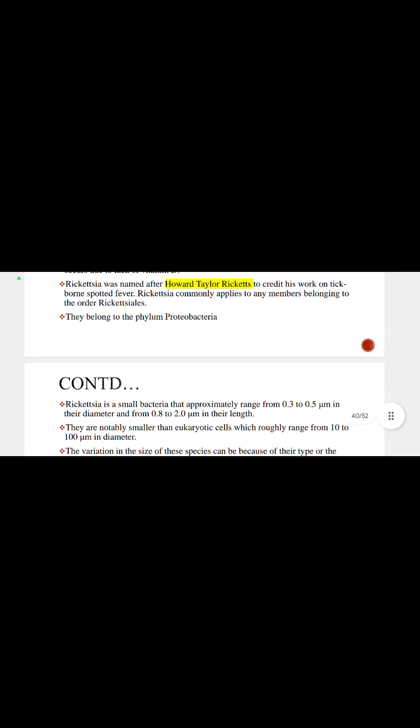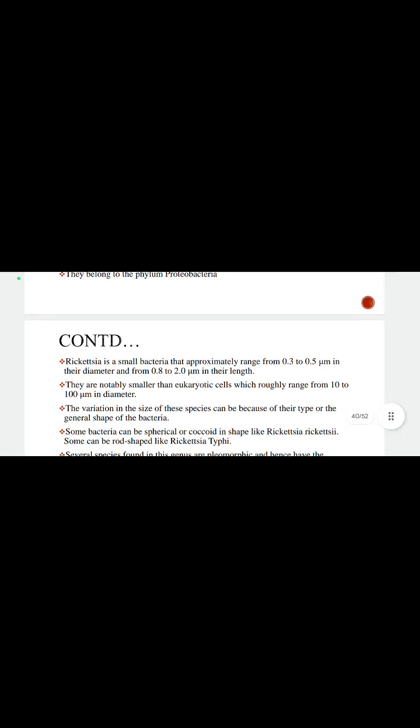Then, Rickettsia is a small bacteria that ranges approximately from 0.3 to 0.5 micrometer in diameter and from 0.8 to 2 micrometer in length. They are notably smaller than the eukaryotic cell, which roughly ranges from 10 to 100 micrometer in diameter.